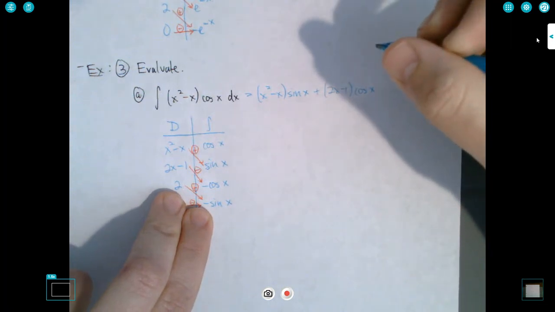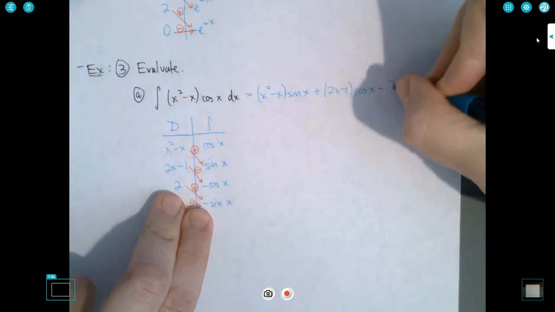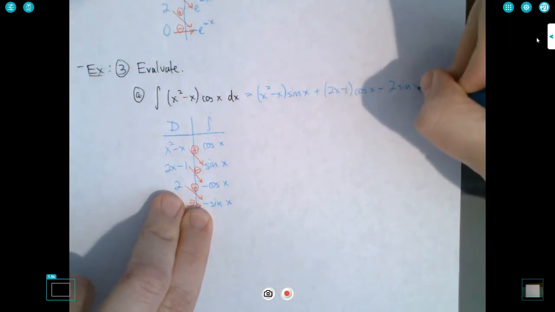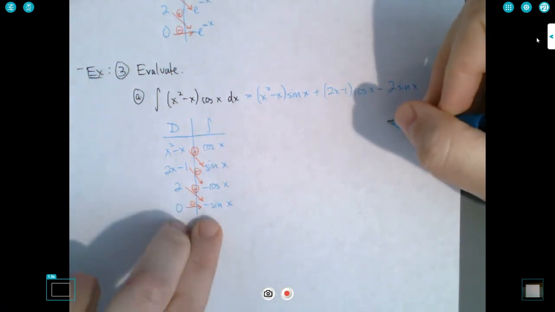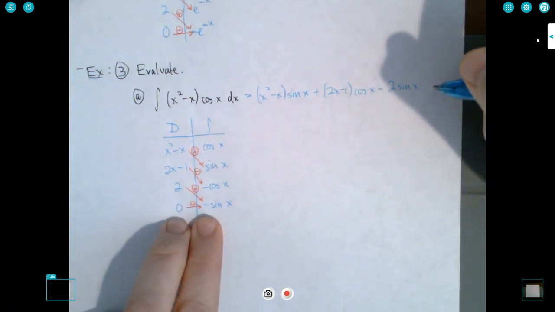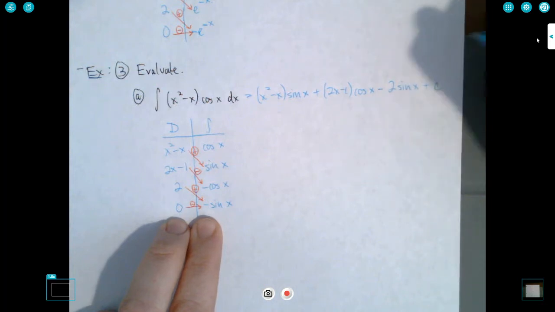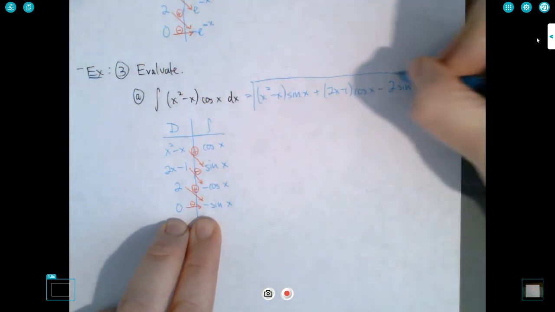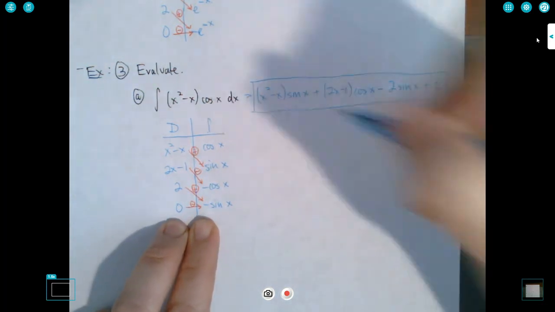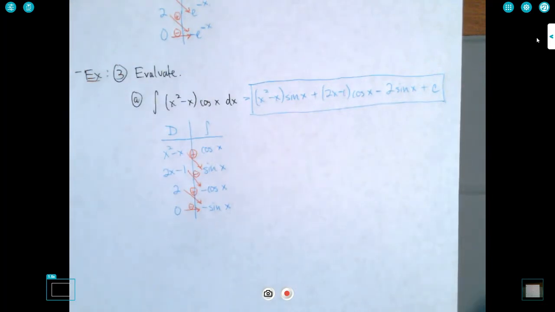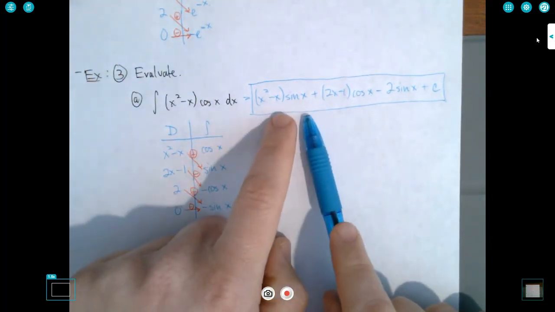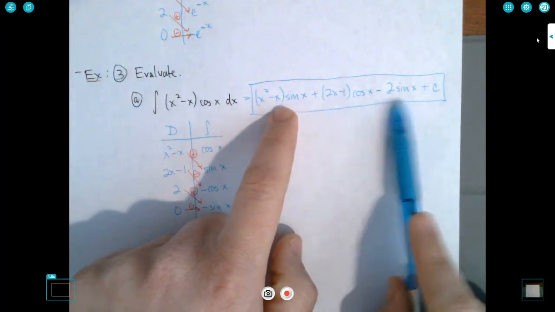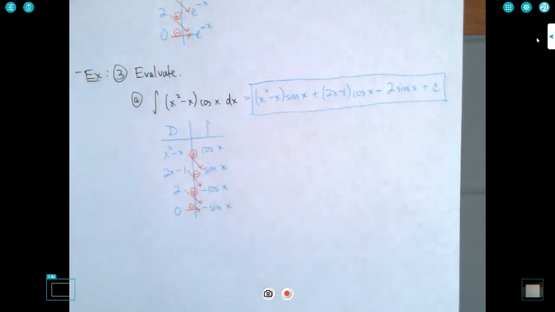And then here I'm going to have a minus 2 sine x, and then here there's nothing left to integrate, so we'll just say plus c. Okay, that's beautiful, right? I would challenge you maybe to differentiate this and make sure you end up with the original. Okay, but that's that.